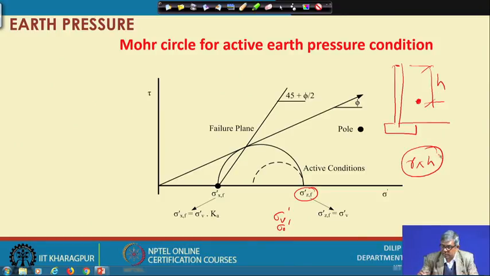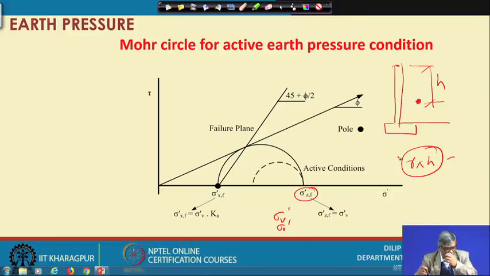If there is a water table, you have to subtract gamma w into h. This way you calculate sigma v dash at this point, and then slowly this sigma v dash will be reduced, and in general sigma h will be the smaller. How to find that out?